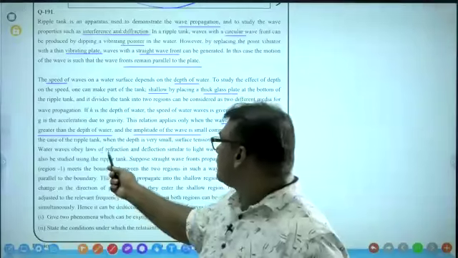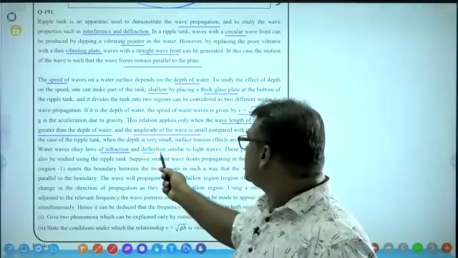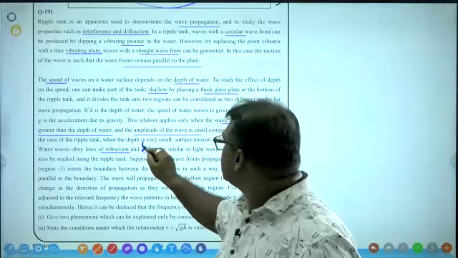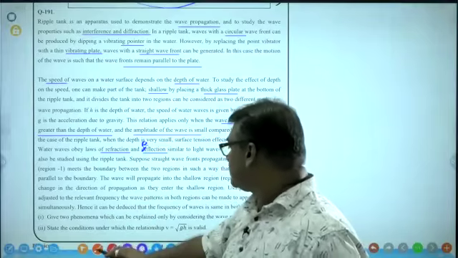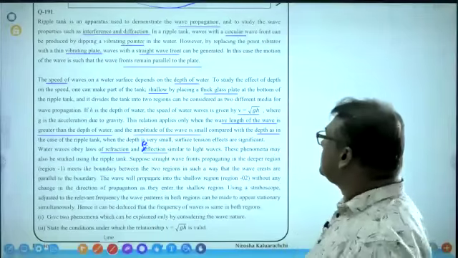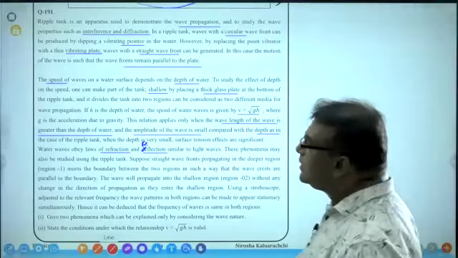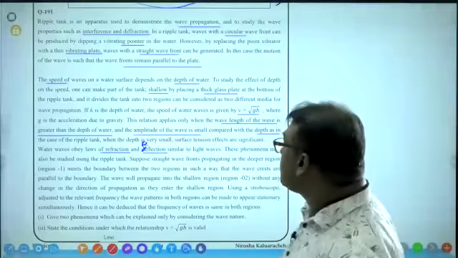Underline refraction and reflection. Similar to the light waves, this phenomenon may be studied using the ripple tank.